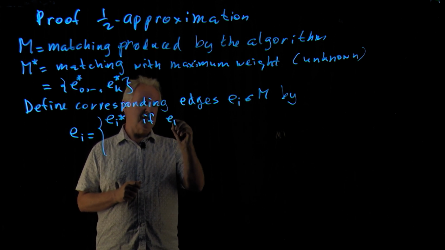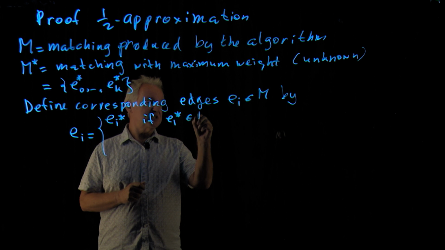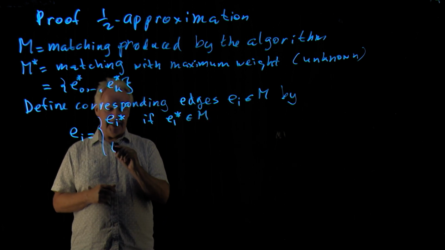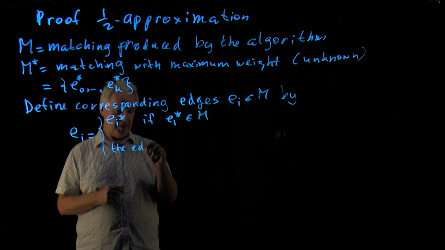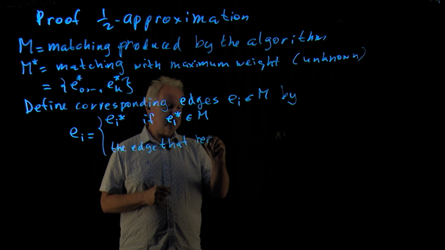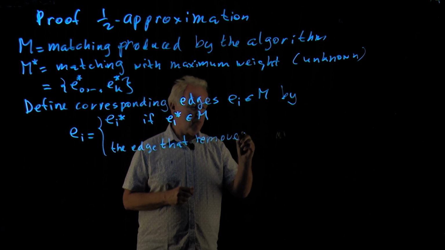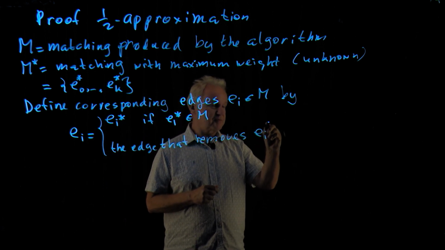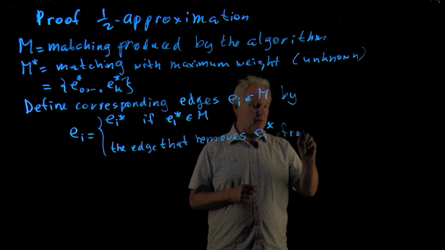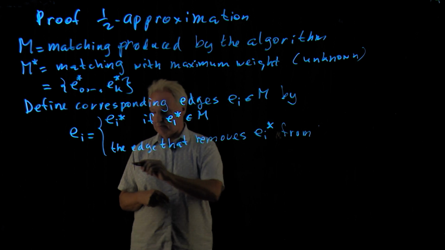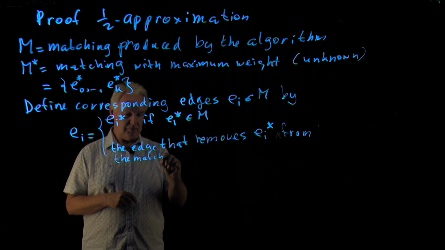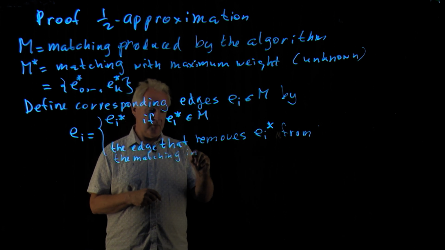And otherwise, it will be the edge that removes Ei star from the matching in the algorithm.